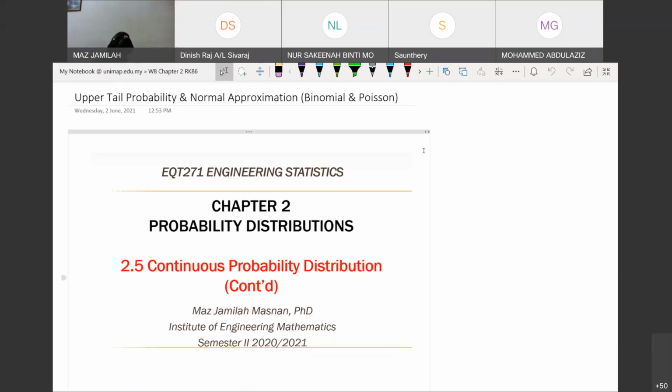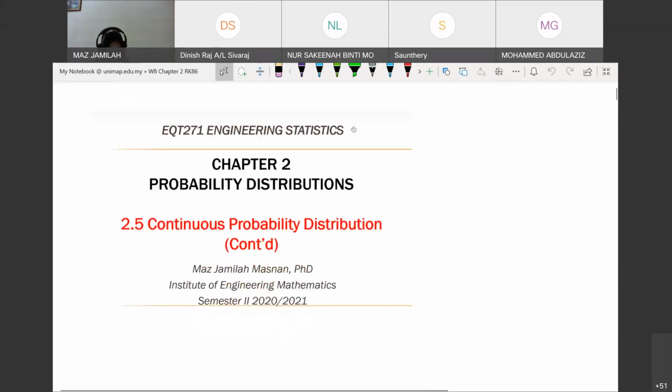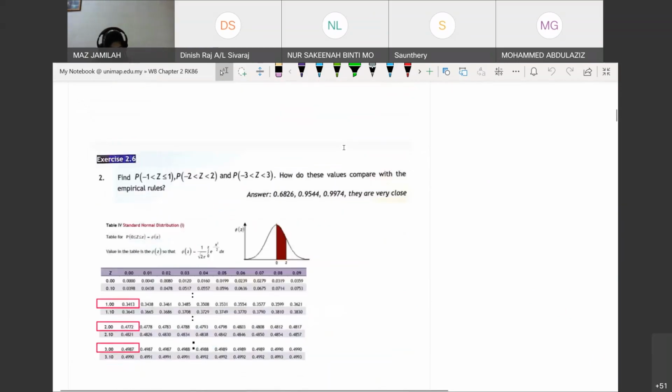If I'm not mistaken, we finished somewhere over here. Am I correct, class? At exercise 2.6 of how we can use the first table, which covers the middle area, to find the probability value.